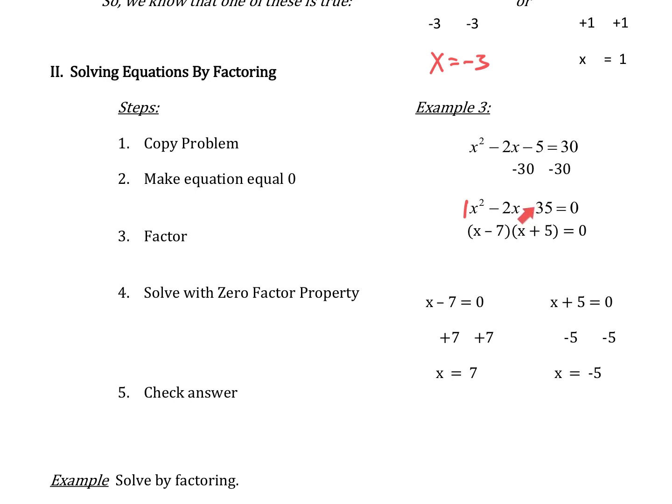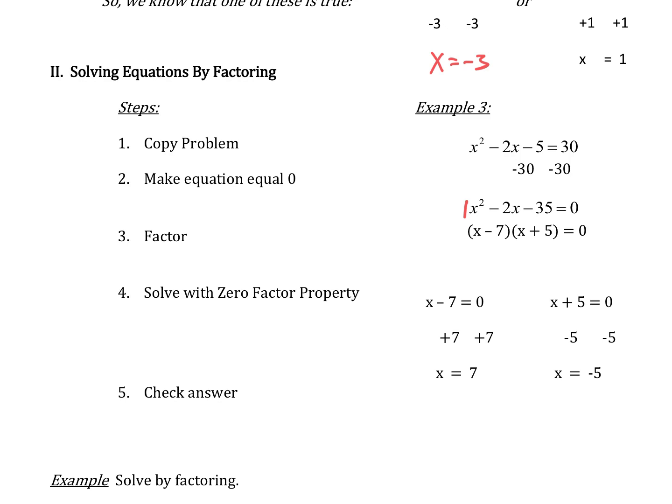The two numbers that multiply to negative 35 are, well, there's 7 and 5, there's 1 and 35, and that's about it, I guess. If we look at those numbers and look at their sum, we land on 7 and 5. Negative 7 plus positive 5 makes negative 2. So there it is. Now we've factored it.